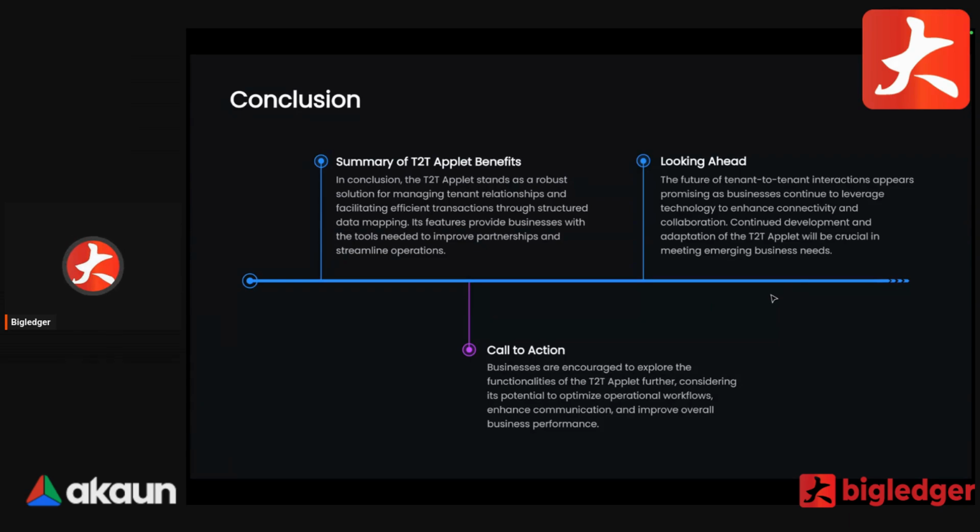Continued development and adoption of the T2T applet will be crucial in meeting emerging business needs. So, call to action: businesses are encouraged to explore the functionalities of the T2T applet further, considering its potential to optimize operations, workflows, enhance communication, and improve overall business performance.